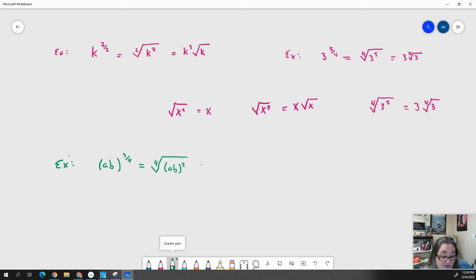I could break that down if I want. I could leave it like that, or I could rewrite it as, that's a 4, I know it looks ugly, A to the 3rd, B to the 3rd, right? Either way is fine. If I leave it like this, that's absolutely fine.